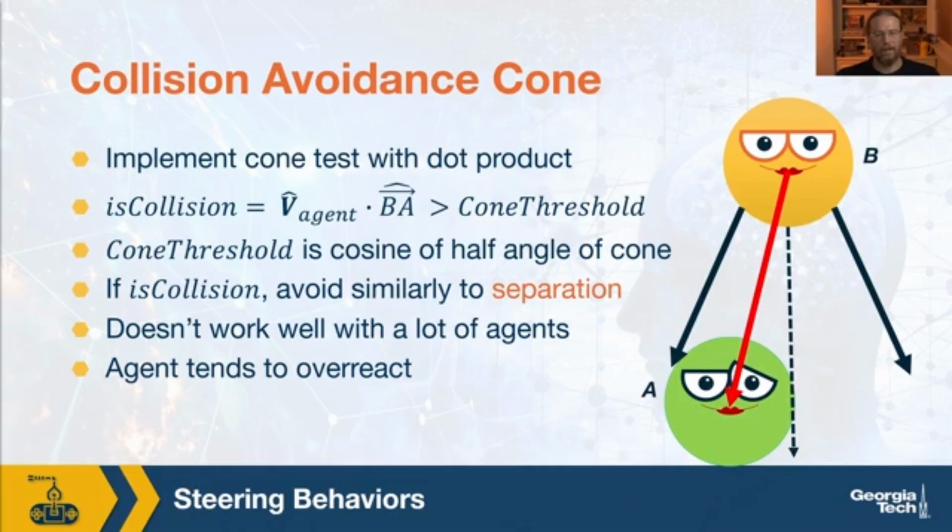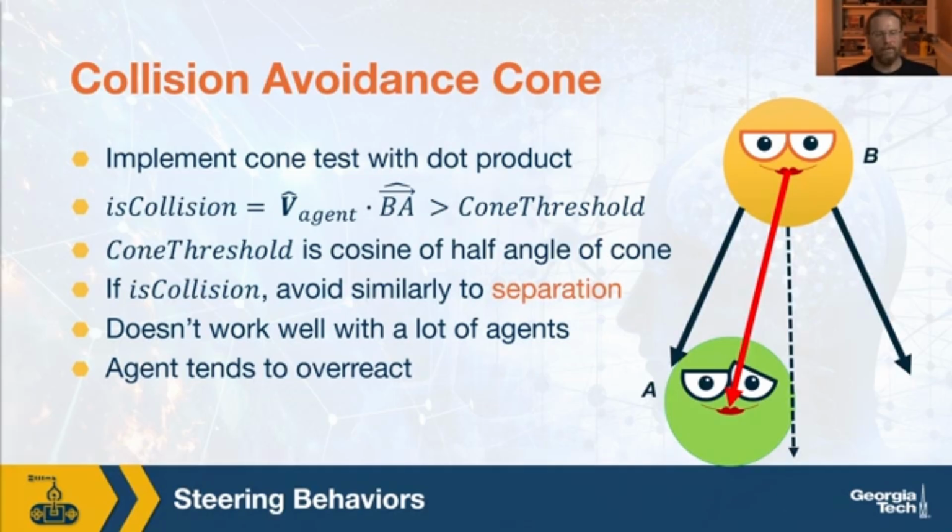And if that dot product is greater than a cone threshold, where the cone threshold is the cosine of the half angle of our cone, then that would determine that there is a collision. And so this can work well for occasional isolated collision potentials, but it starts to fall apart when you have lots of agents.